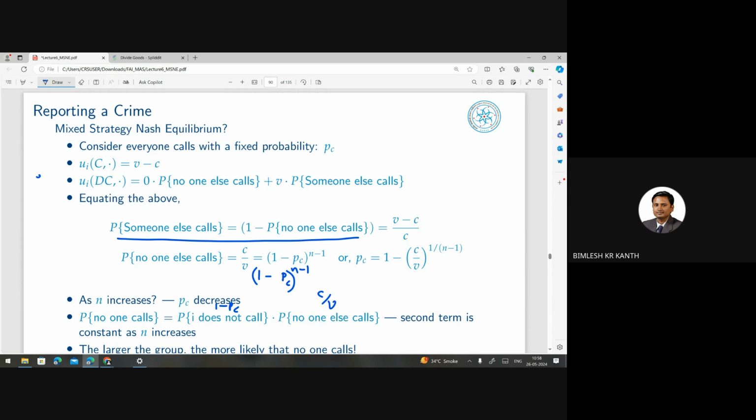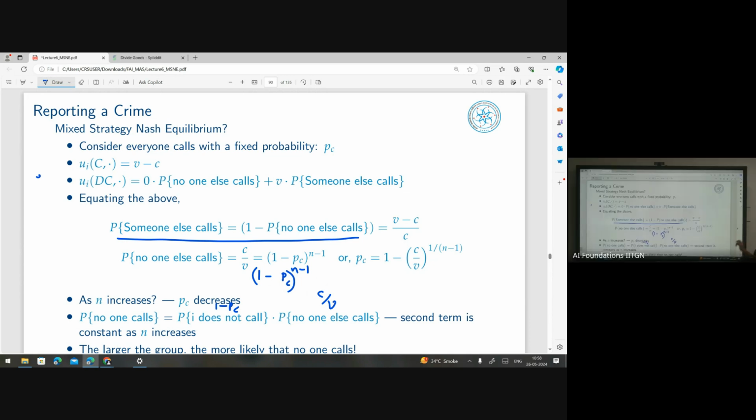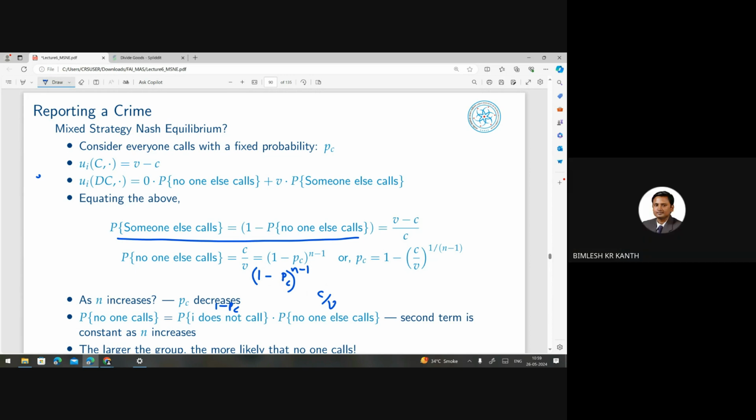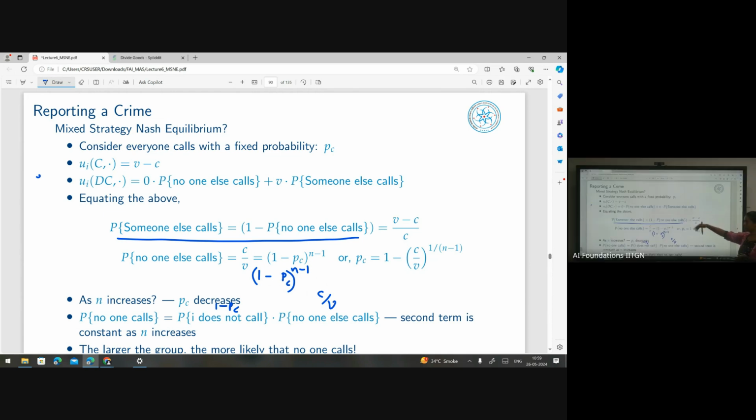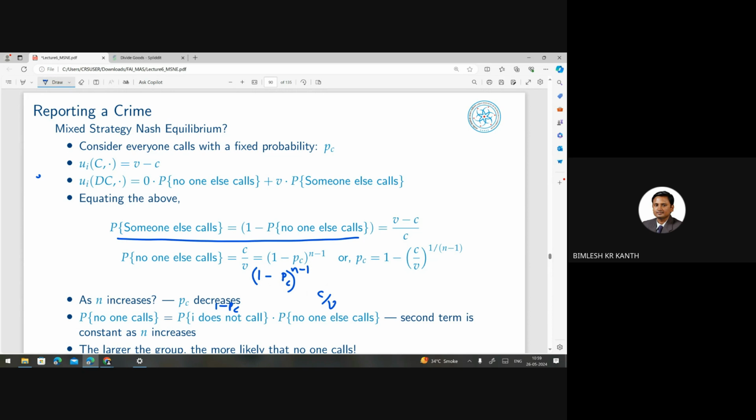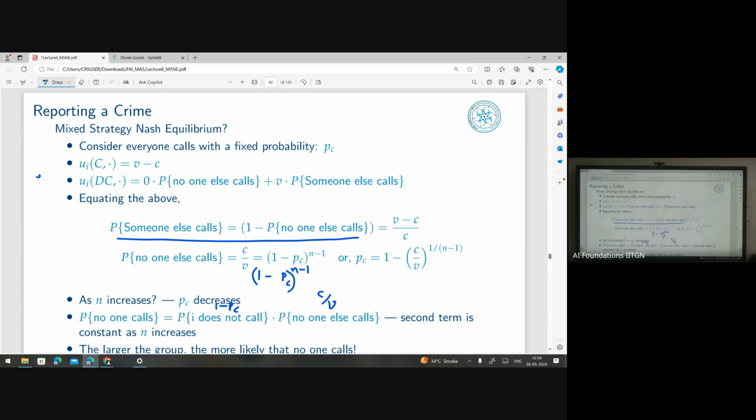So that's a constant. Your PC will change based on your game parameters, but the probability that no one else calls will be fixed. Whatever we do, it will remain C by V only. This probability will remain C by V.